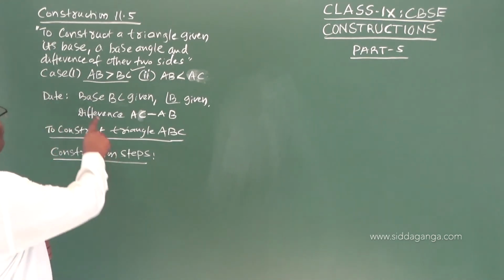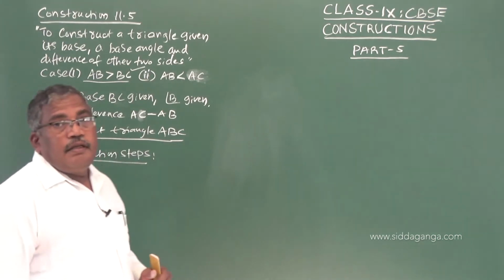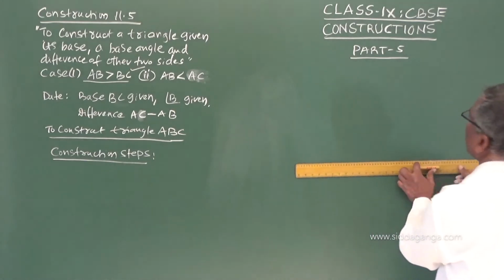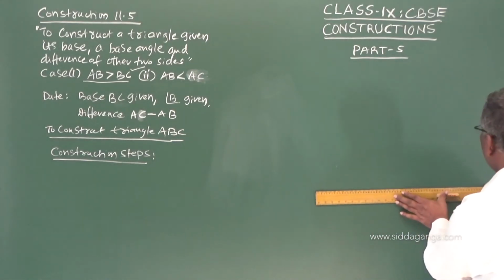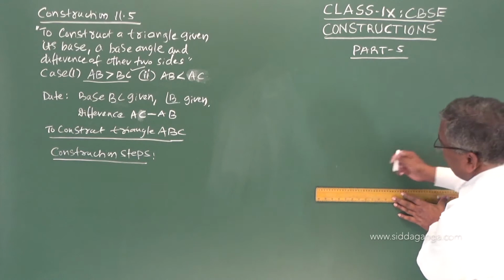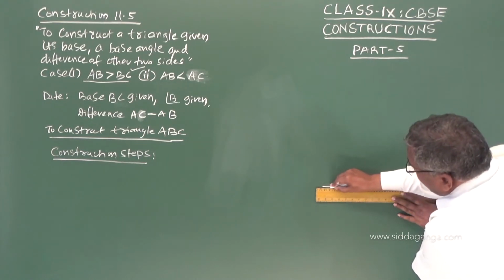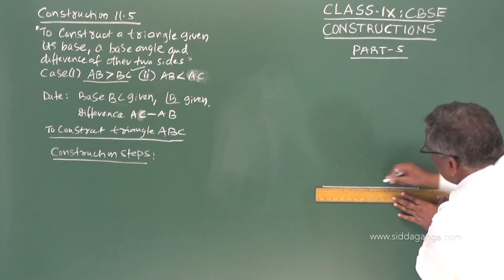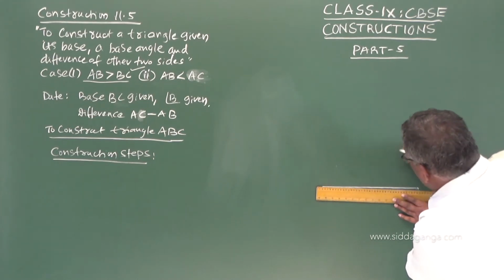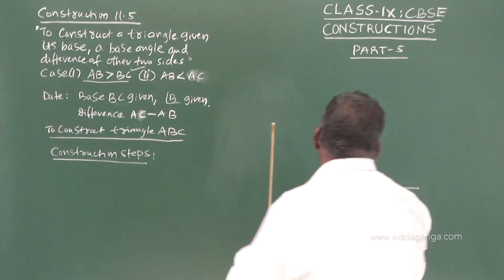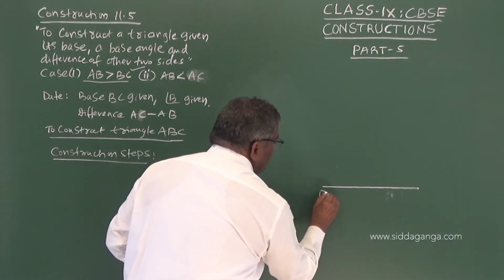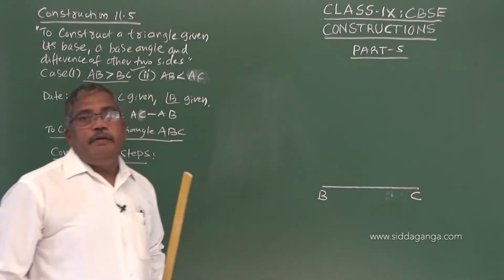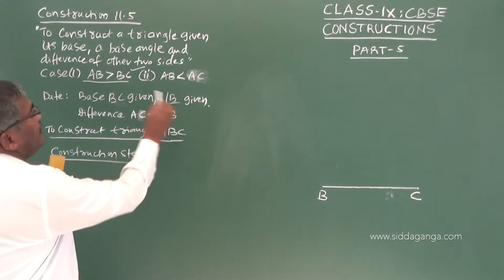We have to draw the base BC as per the given length. So this is BC as per the given distance, this is B and this is C. Now angle B is given.